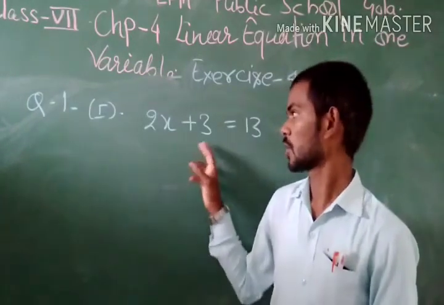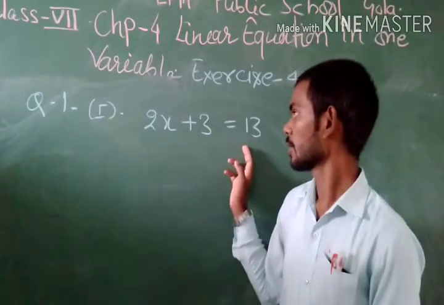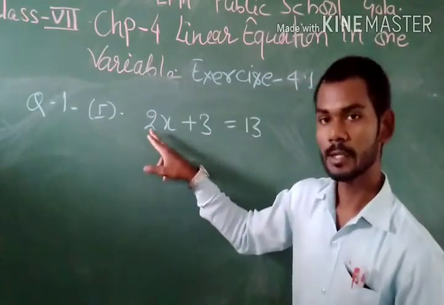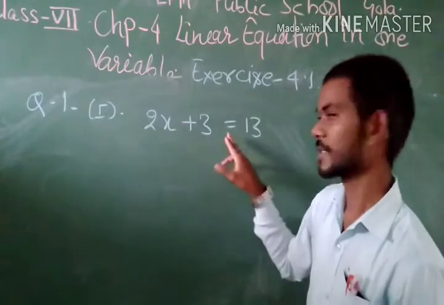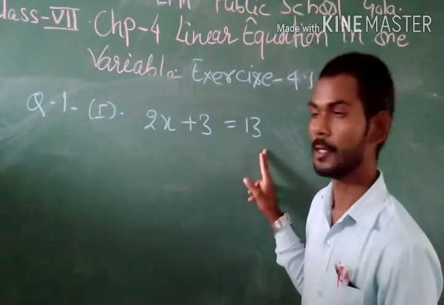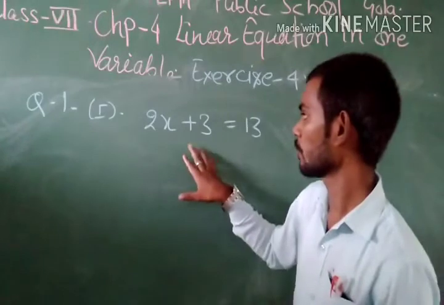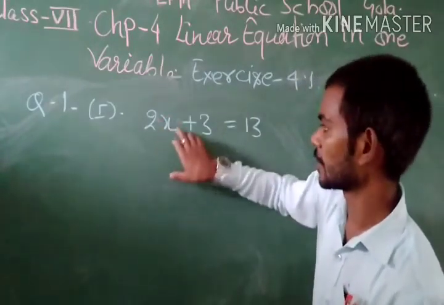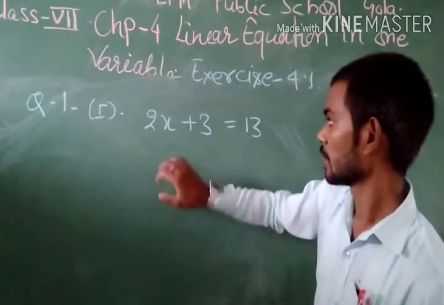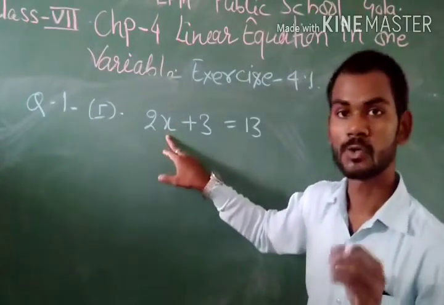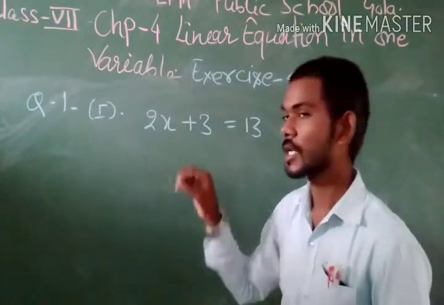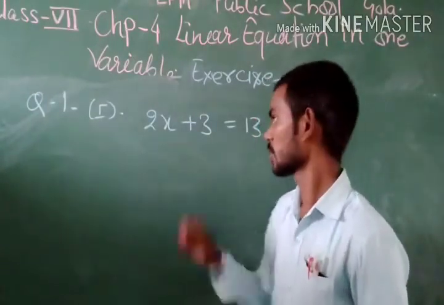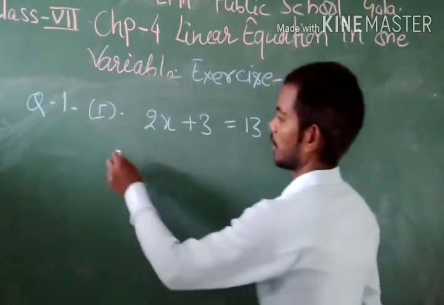Here we have to isolate this variable. That means this variable should not contain any numeral value with it. For this, let us solve this.